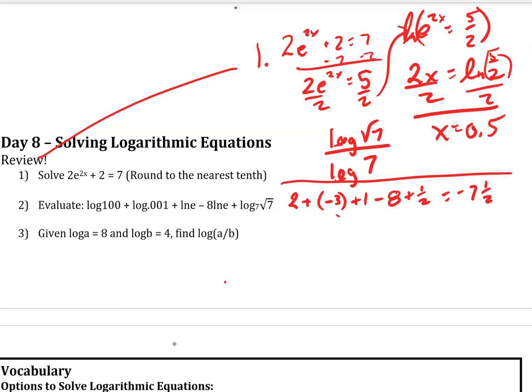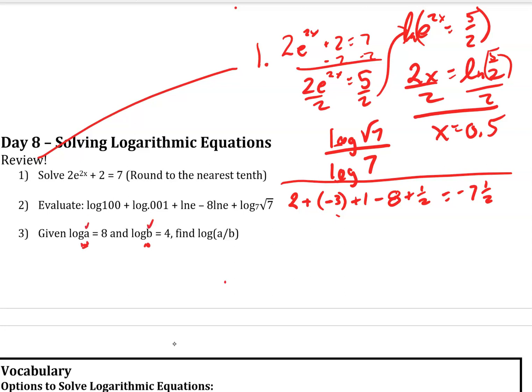Given log of a equals 8, and log of b, notice these are both log, so base 10, equals 4. Find log of a divided by b. So we have to find a and b. The base is 10.